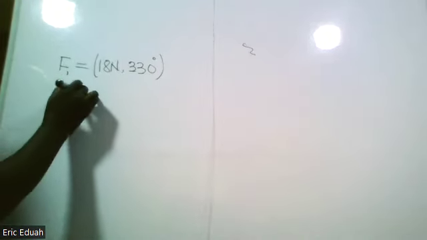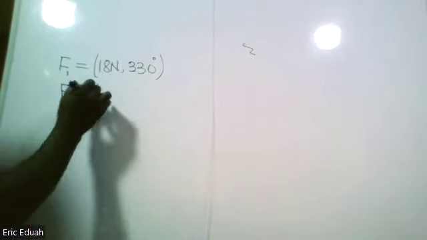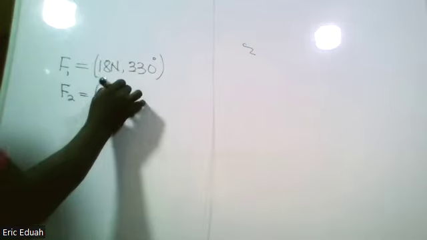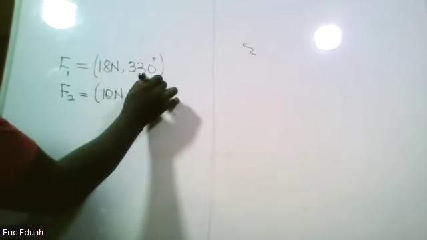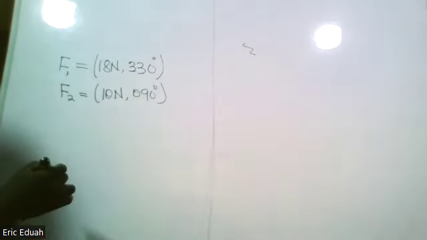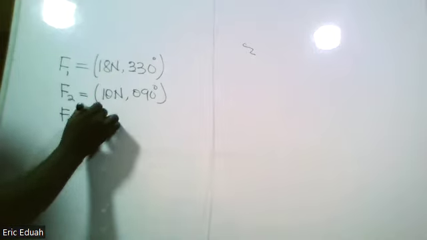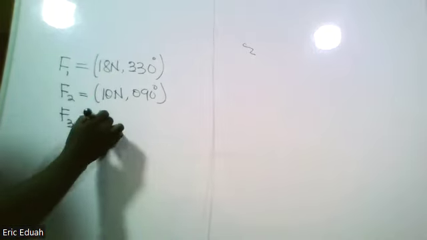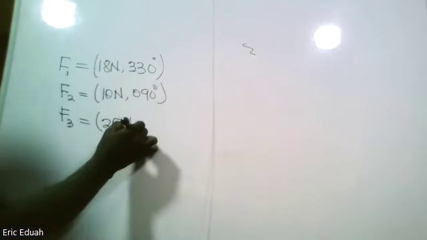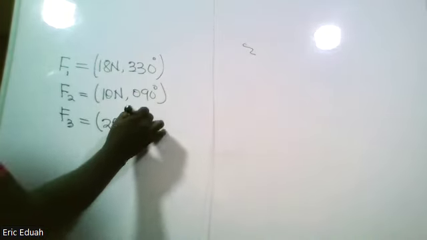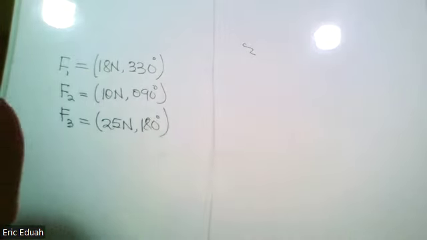F2 is giving us 10 Newton, 90 degrees from the north, and then F3 is 25 Newton acting at 180 degrees from the north.